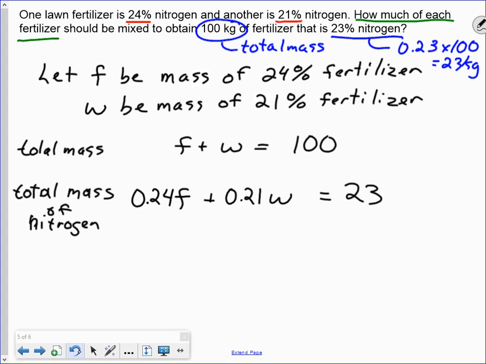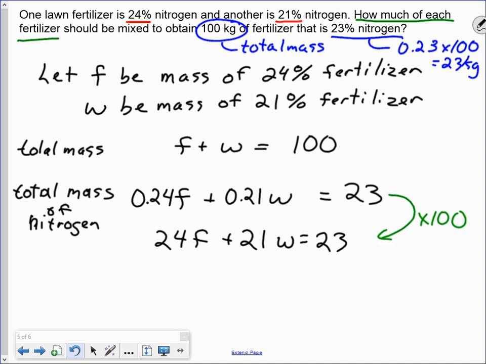Okay? These are our two equations to solve here. So how would I solve this system here? I would get rid of the decimals by taking this equation here and multiplying it by 100. That's going to give me 24F plus 21W equals 2300, multiplying everything by 100.